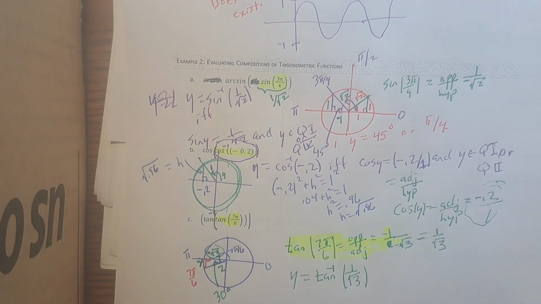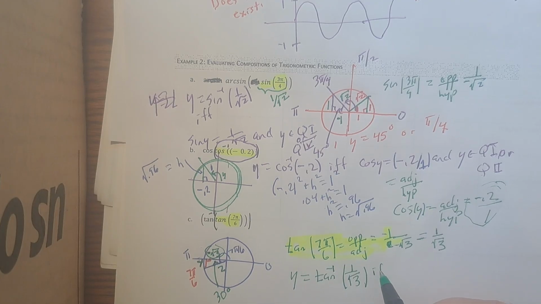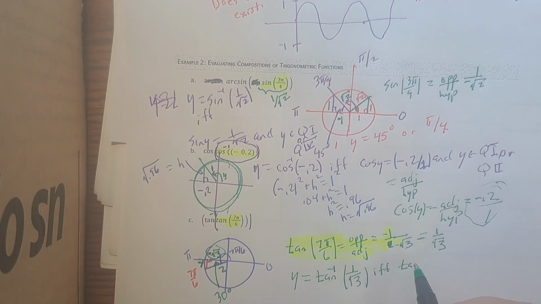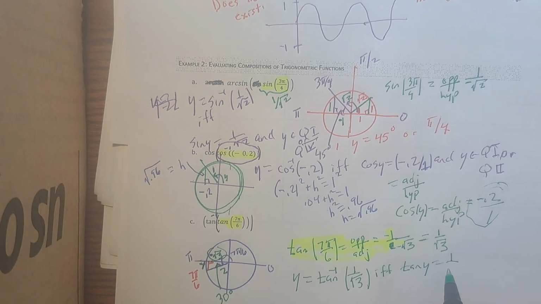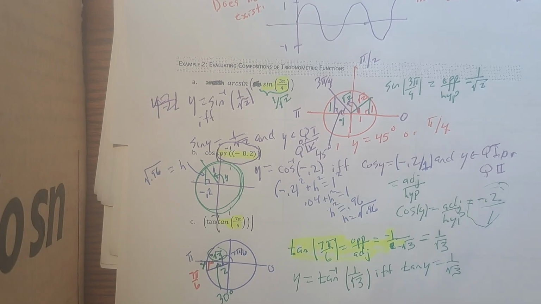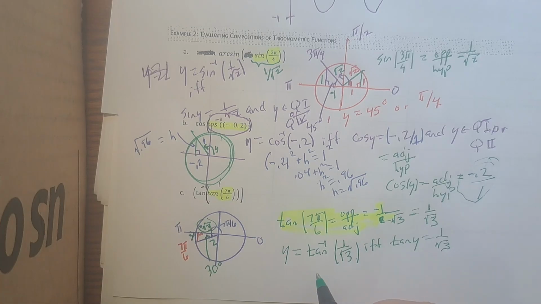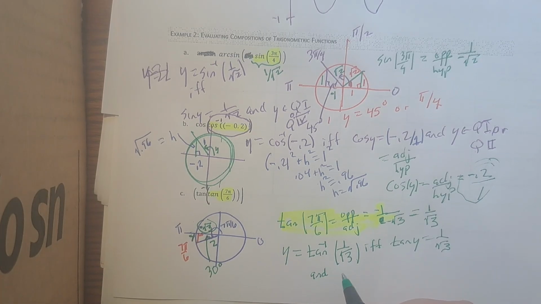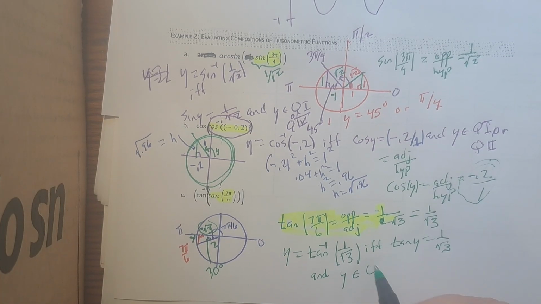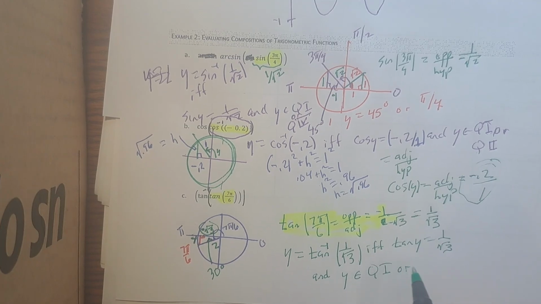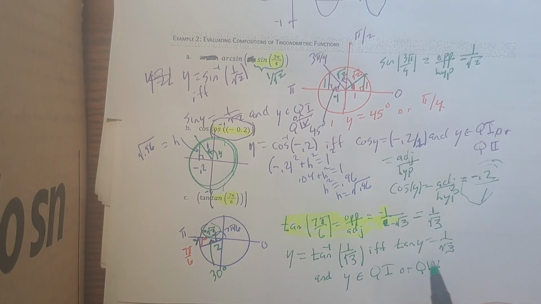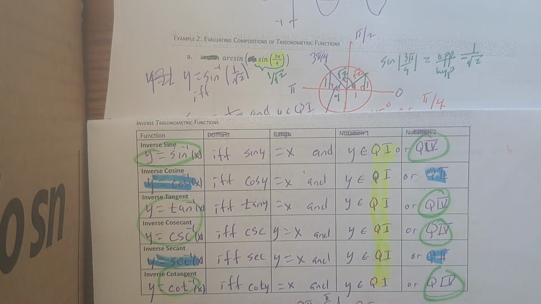So y is equal to the inverse tangent of 1 over the square root of 3 if and only if the tangent of y is equal to 1 over the square root of 3. And the y, by definition, has to come from quadrant 1 or quadrant 4, as we already talked about.